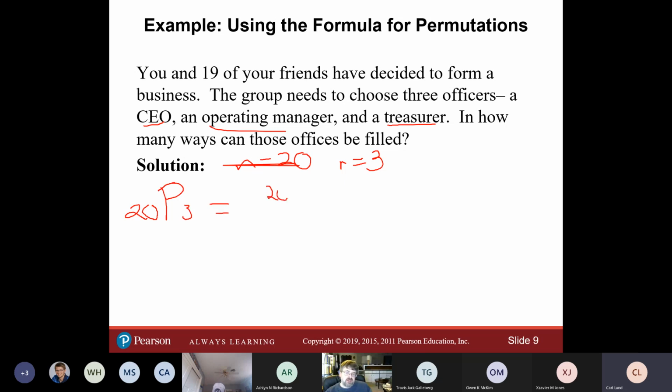So that is 20 factorial divided by 20 minus 3 factorial, which is 20 factorial divided by 17 factorial. That's going to be 20 times 19 times 18 times 17 factorial over 17 factorial.